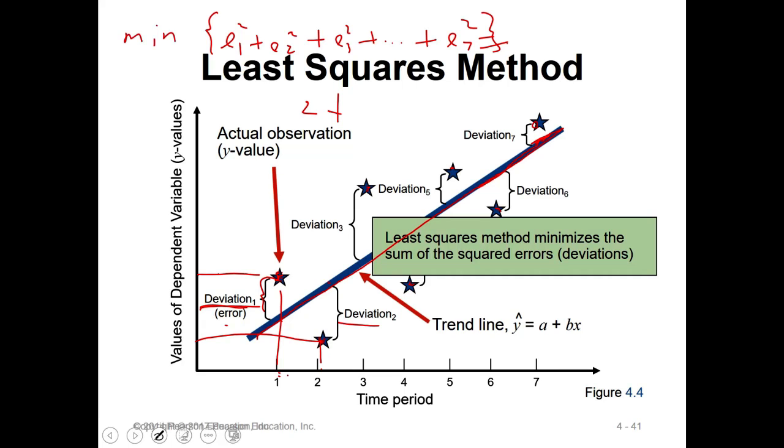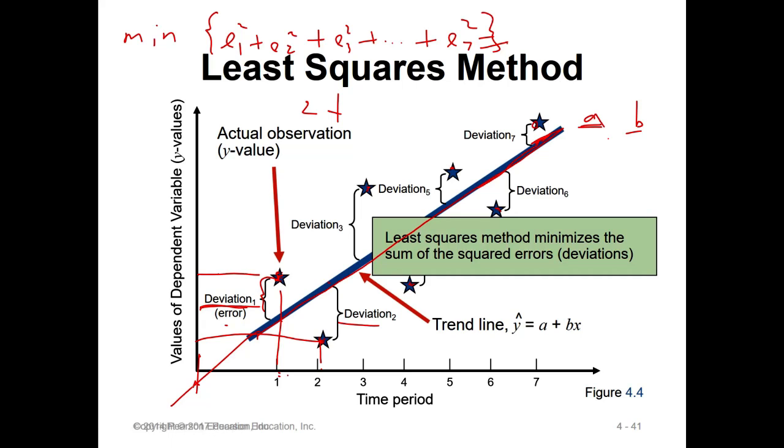This is the least square method. When you minimize the sum of squares, you can get the A value and the B value. Remember what A is and what B is: A is the intercept, B is the slope. That's how you decide A and B.